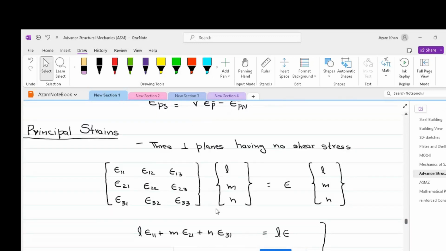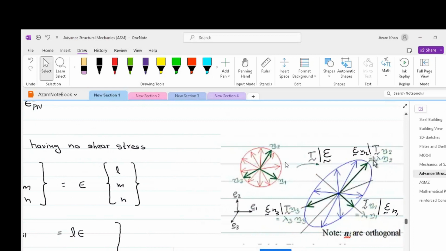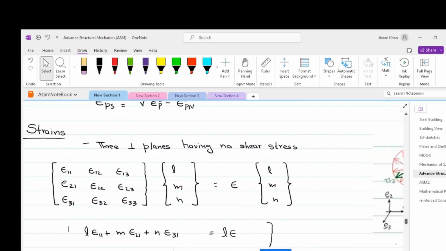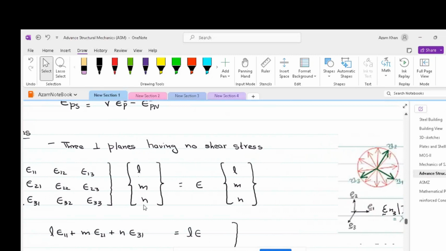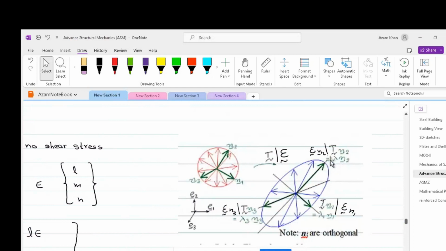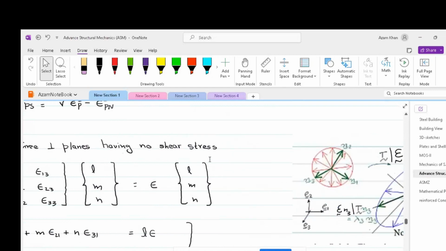The idea of the principal strains can be demonstrated by using an eigenvalue problem. Thus, using our sphere and ellipsoid analogy, we can say that when a strain vector is multiplied by a certain vector whose direction cosines are given as l, m, n, then after deformation, there is only a change in the magnitude of the vector lmn.